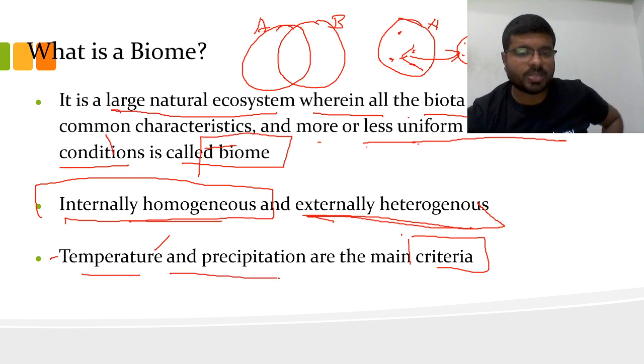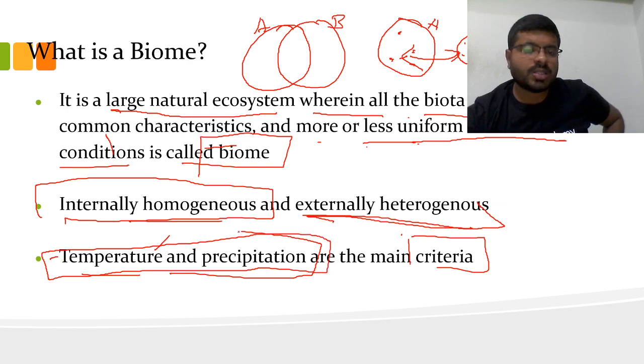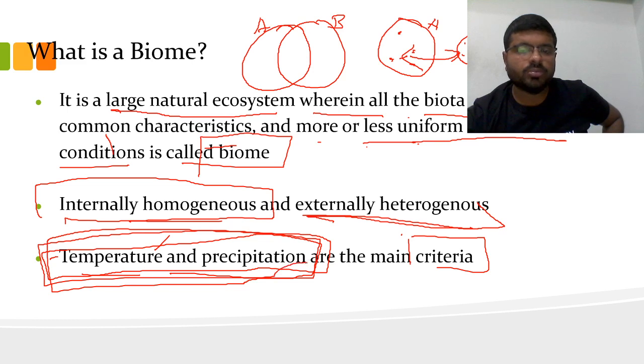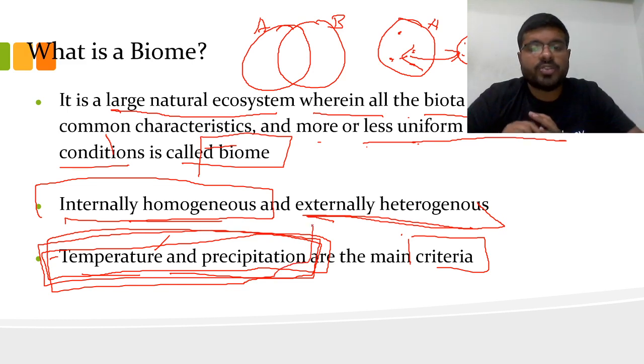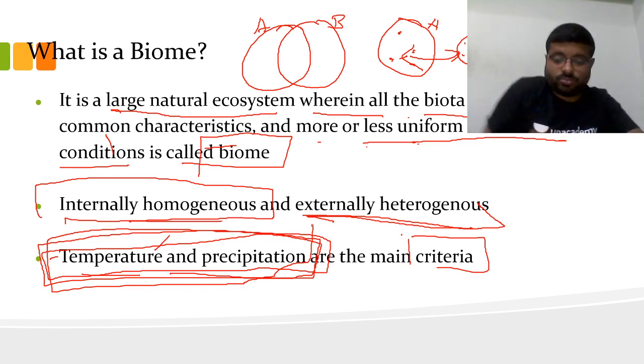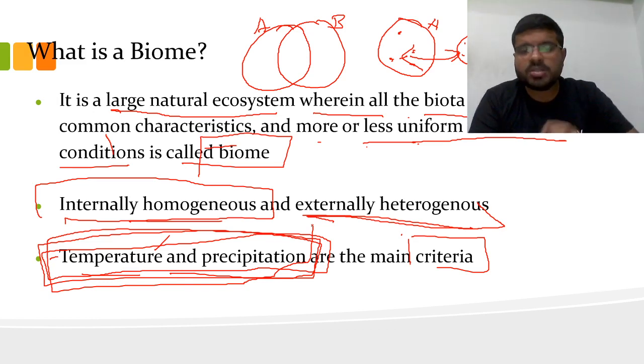Temperature and precipitation. These temperature and precipitation broadly determine the kind of regions which will be turned into a biome, because these are the main criteria.